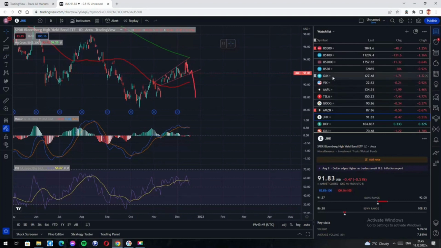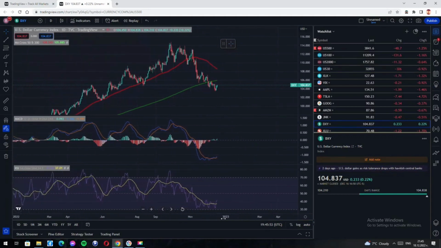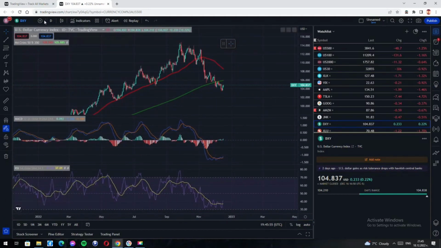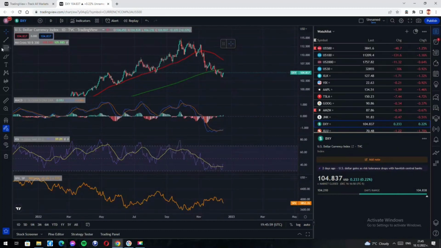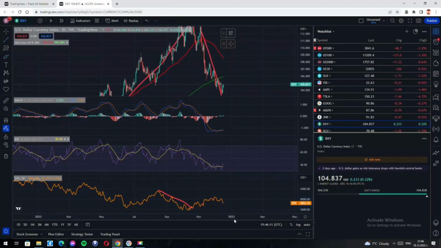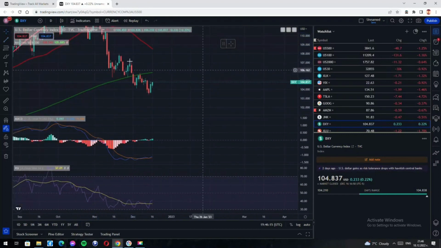Let's take a final look at the dollar. The dollar is a very important piece of the stock market, because as you can see, when the dollar is going up, the S&P is going down. When the dollar is going down, the S&P is going up, and vice versa. So right now the dollar is getting ready for some bullish move.